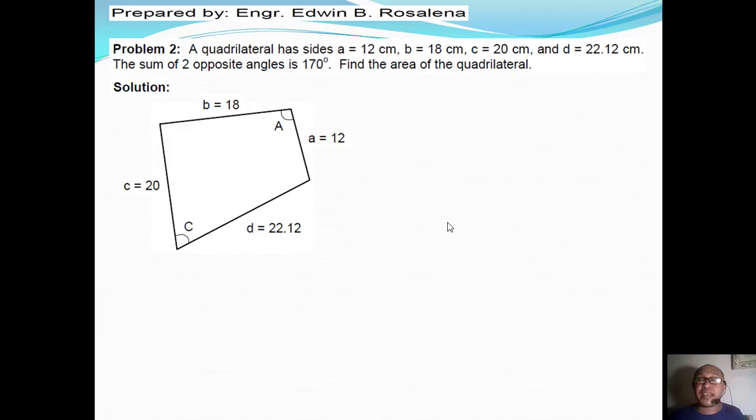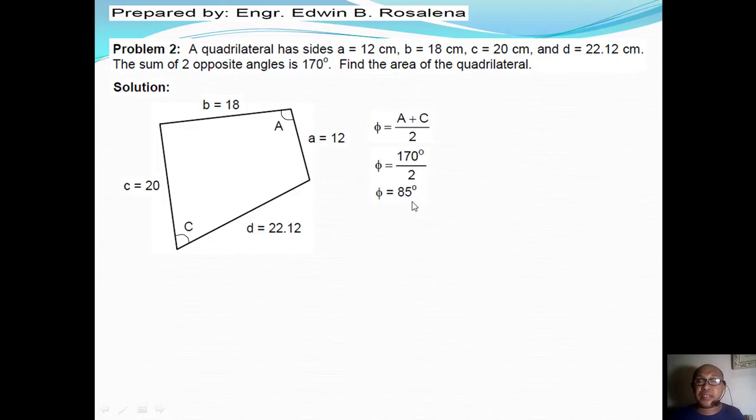So, as we have discussed earlier in the previous slide, if we are given this situation for the quadrilateral, then we have a formula to be used for the computation of the area. Okay. So, I will compute for the angle phi, that is half of the sum of the opposite angles. So, the sum of the two opposite angles is 170.